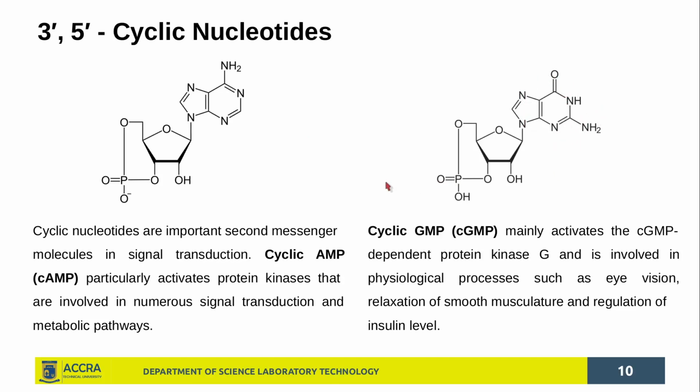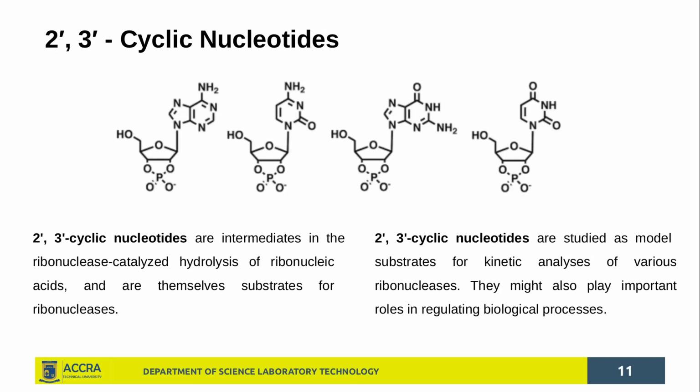You find these two as activators of protein kinases. These are enzymes that transfer phosphate groups from one molecule to the other, and these reactions are common in many metabolic pathways. Now you also find the 2' and 3' cyclic nucleotides.